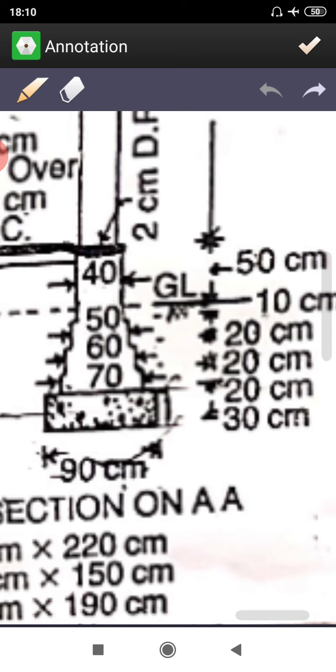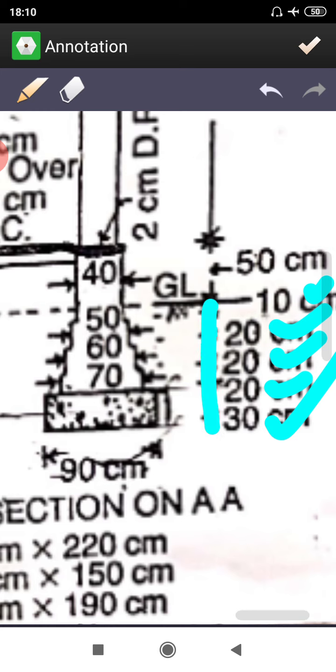So I'll be taking this 10 centimeter plus 20 centimeter plus 20 centimeter plus 20 centimeter plus 30 centimeter. So all together this is 100 centimeter, means 1 meter, right? So width is 0.9. So my excavation dimension, the length is 5.05, width is 0.9 and the depth is 1 meter.